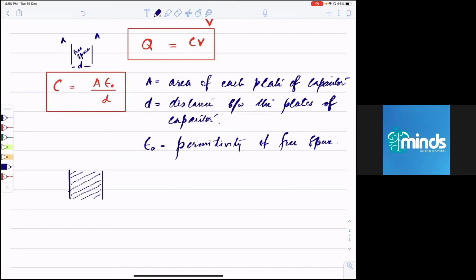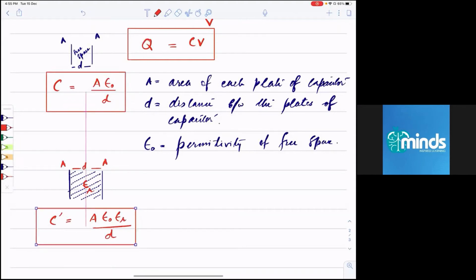In the presence of a dielectric, what actually happens? The area of the plate is A, the separation of the plates is D, and this dielectric has a relative permittivity of epsilon R. Now, the capacitance of the capacitor is given by A epsilon naught epsilon R over D. Those who have attended all the sessions on Coulomb's law should be able to understand this.